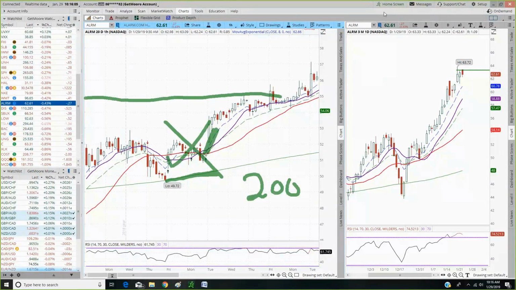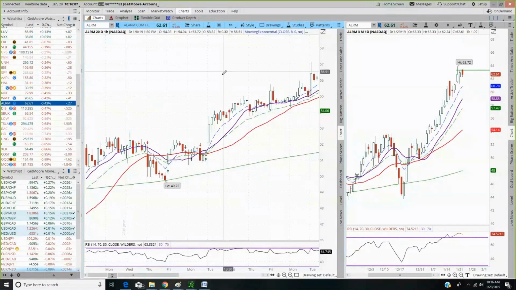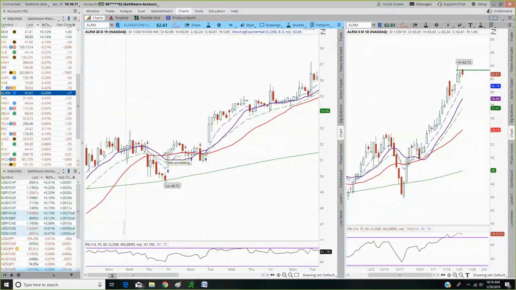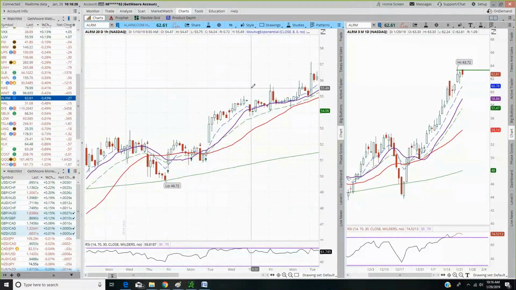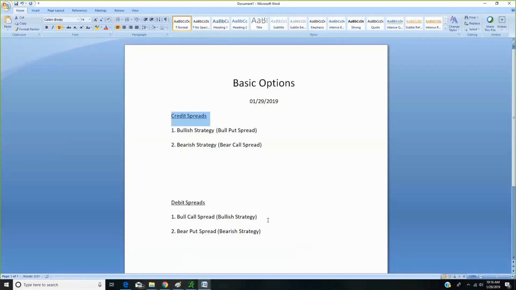I will not buy to the upside unless it's above this. Right here, I would not have taken this because there's no distance. But I would have taken this because it's above and it crossed. So when I'm expecting the chart to go up, bull call spread. Let's analyze that together.